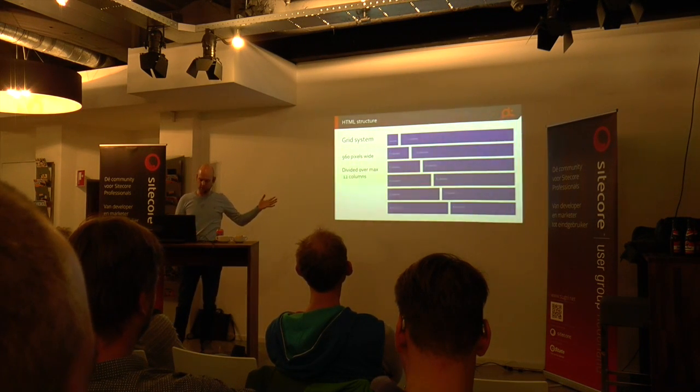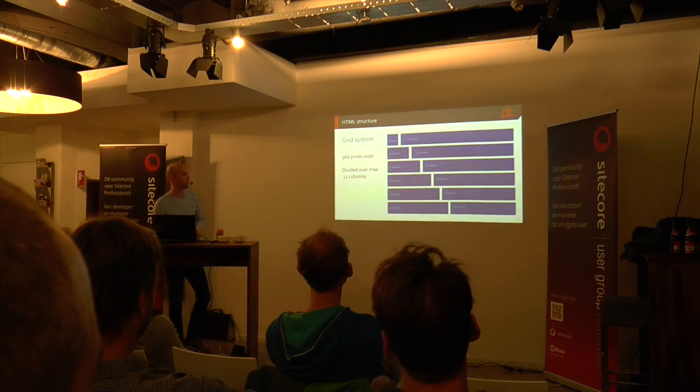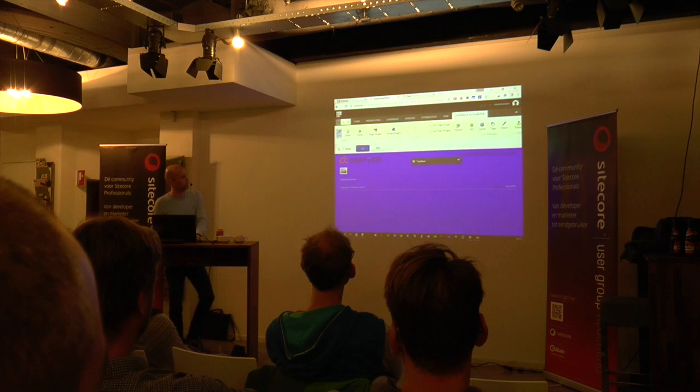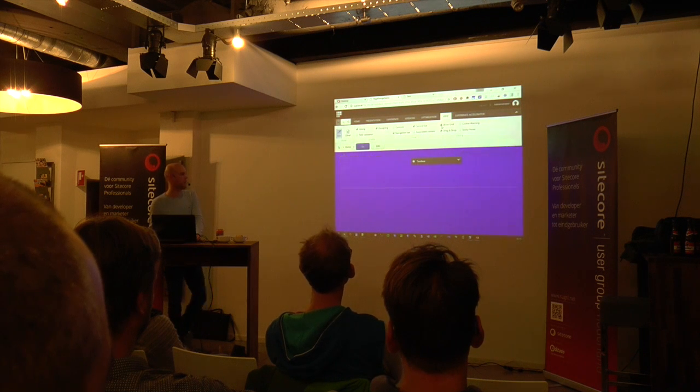Well, basically covered this grid system. So you've got 12 columns in total, and you can size your columns to that. And that's also new, you can also enable show grid here.